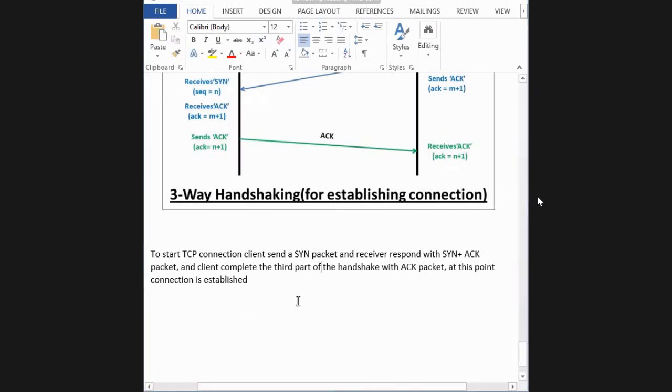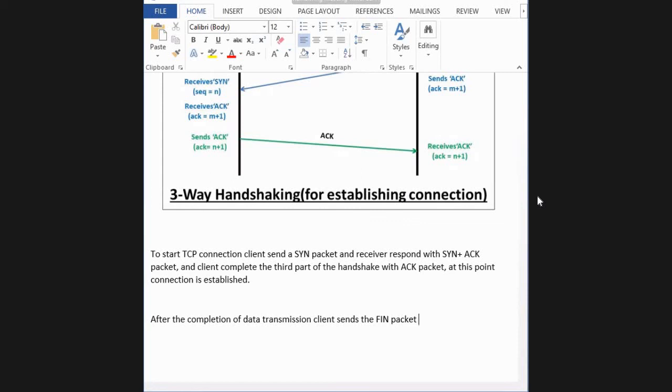After the completion of data, we discussed that FIN packet, right? So after the completion of data transmission, the client sends the FIN packet. FIN is for finish.